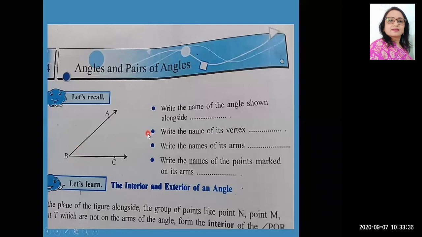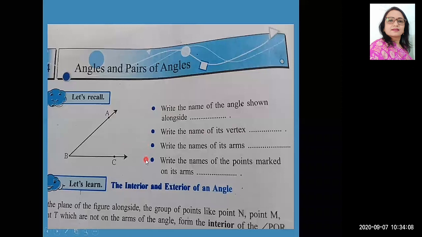Now the second question is, write the name of its vertex. What is the vertex of this angle? Yes, very good children. Point B is the vertex. The third question is, write the names of its arms. Yes, ray BA and ray BC are the arms of this angle.